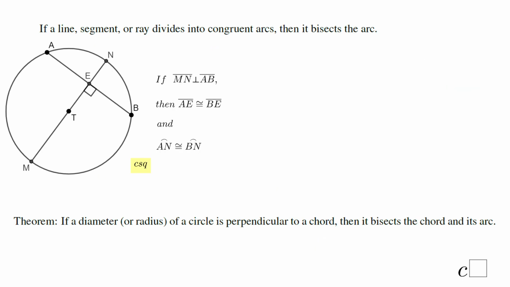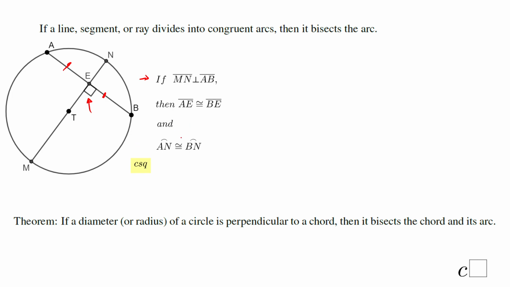Another theorem that works for arcs and chords is right here. You notice in this picture, if MN is perpendicular to AB, and we see this right angle here, that means it's perpendicular, then AE is congruent to BE. But I want you to notice MN is not any chord, it is a special chord, the diameter.